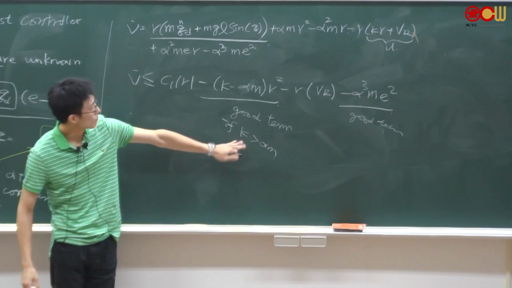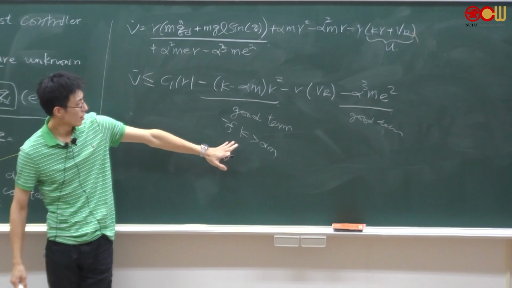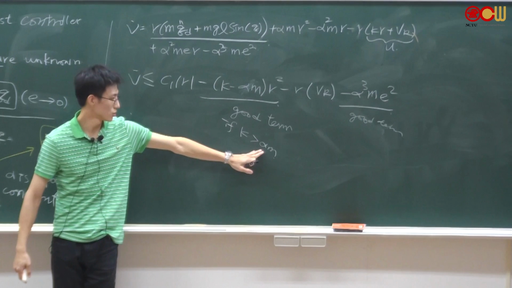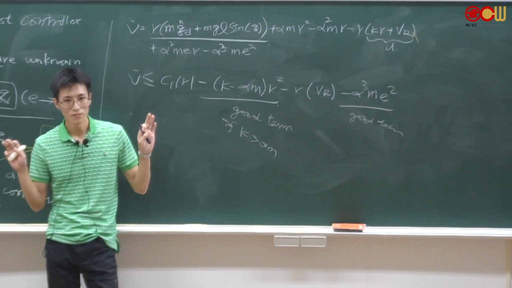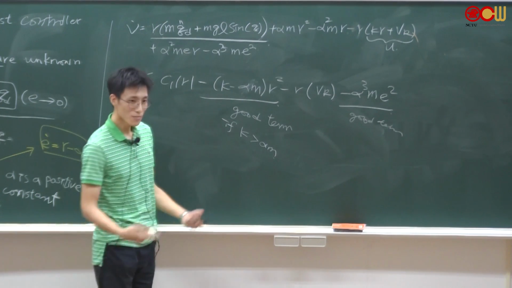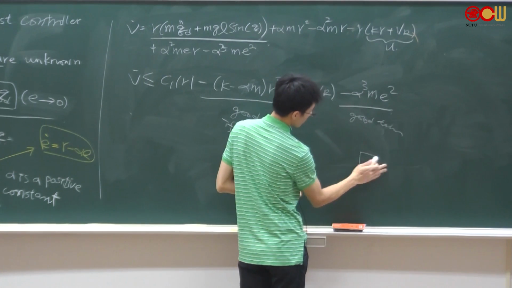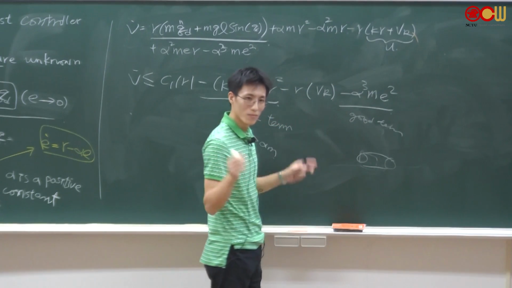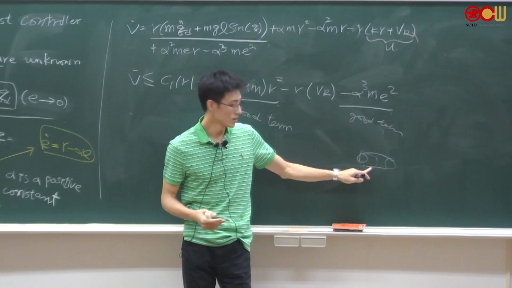So you need to implement your controller with k large enough, at least greater than alpha M, which is a user choice. M is the unknown mass. But it's still feasible, right? If you control a robot arm, for example, you can usually by design know the approximate mass of the link.